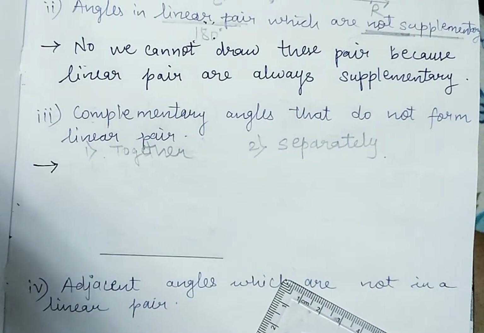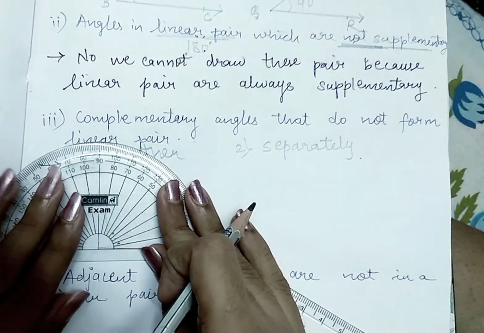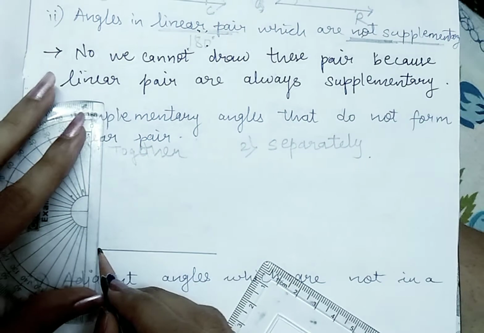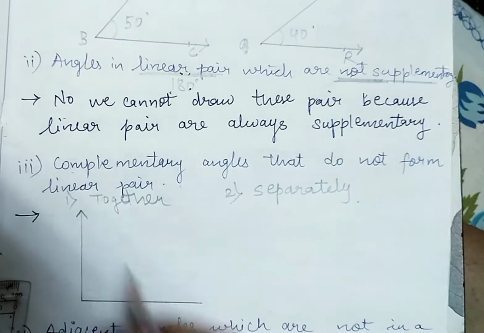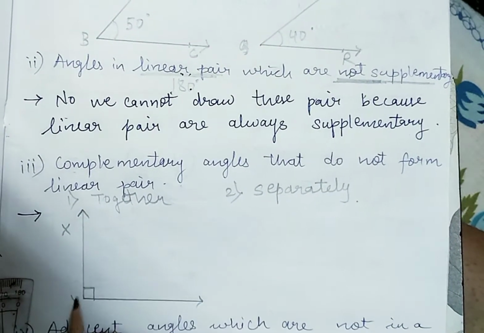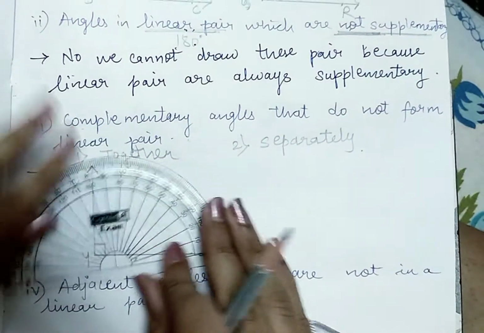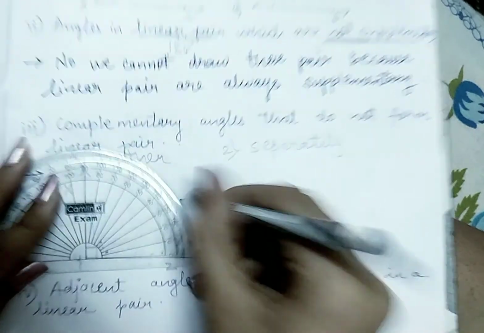So I am drawing the base. Now this is 90 degrees, X, Y, Z. In that I will take one more angle, 30 degrees.